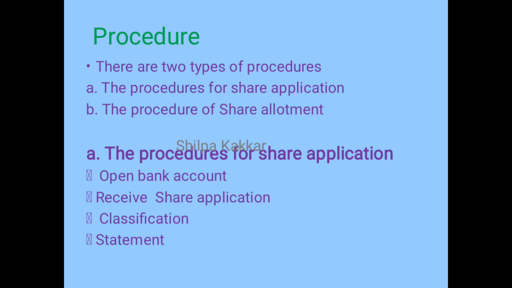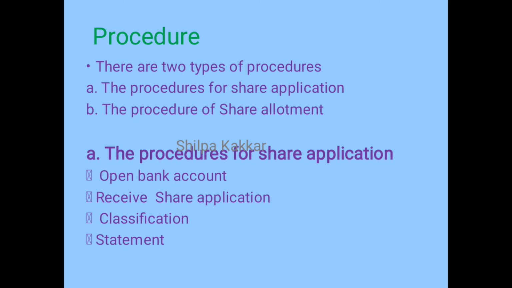So, in order to protect from such defame, the company has to undergo an underwriting contract. This underwriting contract is a contract between the company and the intermediaries, those who promise the company that if the company fails to achieve the minimum subscription, then they will help the company to raise the minimum subscription.